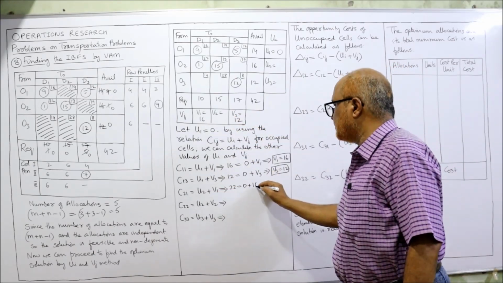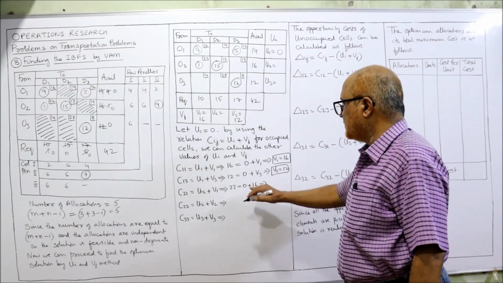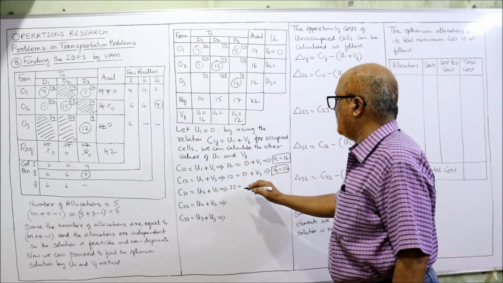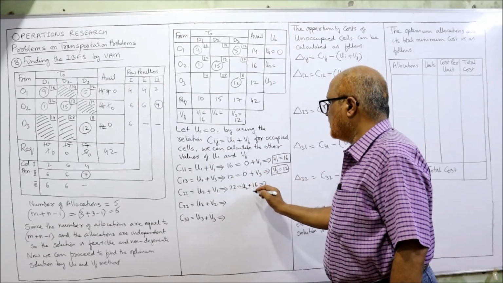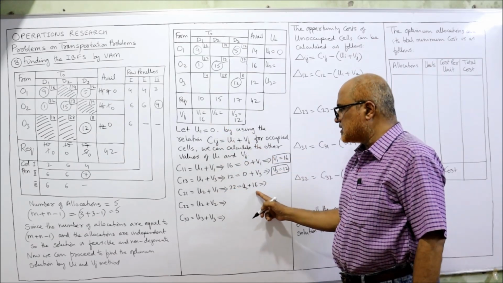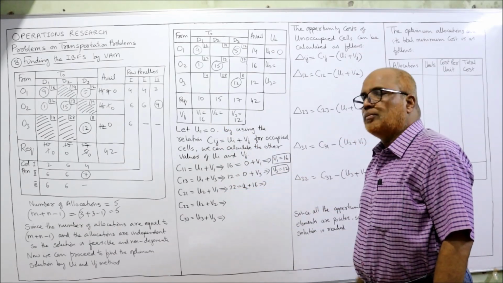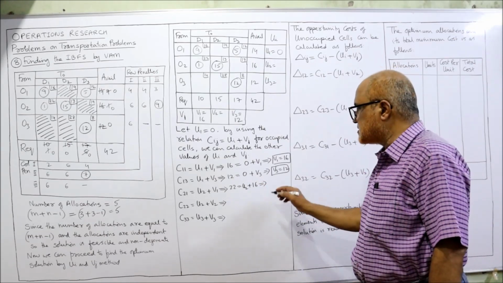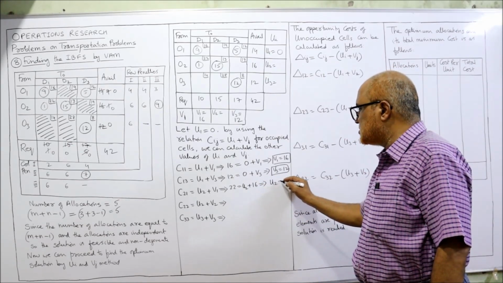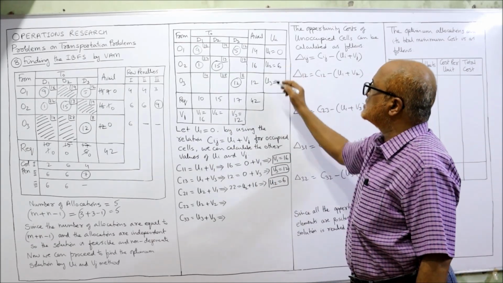V1 is 16. U2 we have to find out. V1 already we have 16. So take this 16 to LHS. So 22 minus 16 is 6. So we can take U2 is equal to 6. Here I have taken 6.